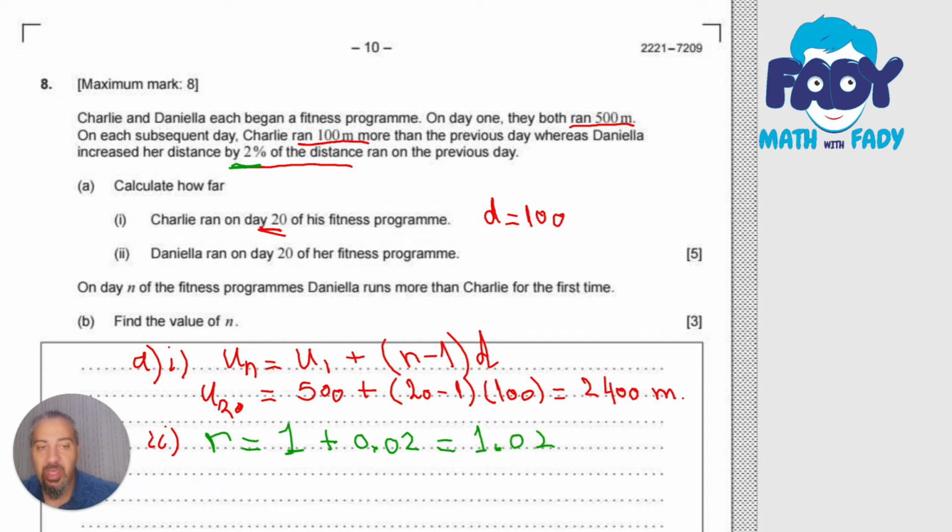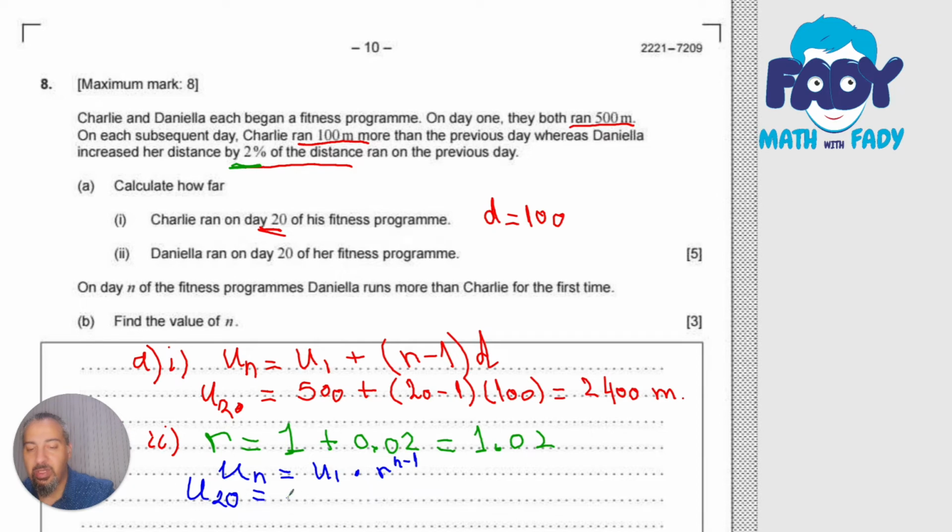Then we can calculate U20. Our formula is Un equals U1 times r to the power n minus 1.